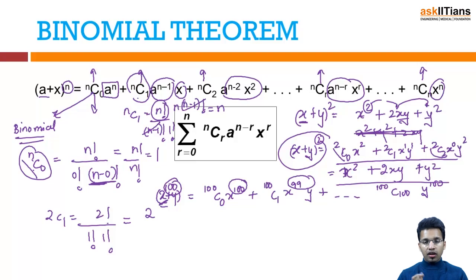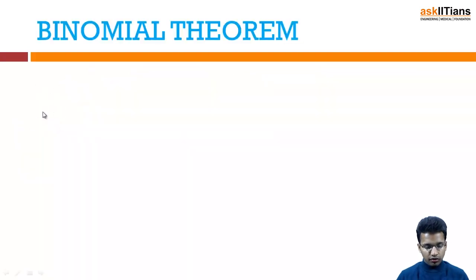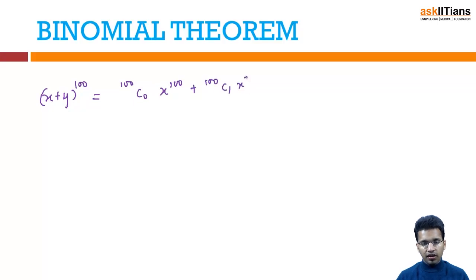So this was the crux of the binomial theorem, and again I'll use a new sheet for this. Whatever I just said: (x plus y) raised to power 100 starts with 100C0 x raised to power 100, plus 100C1 x raised to power 99 y, plus, and it will go on till 100C100 y raised to power 100.